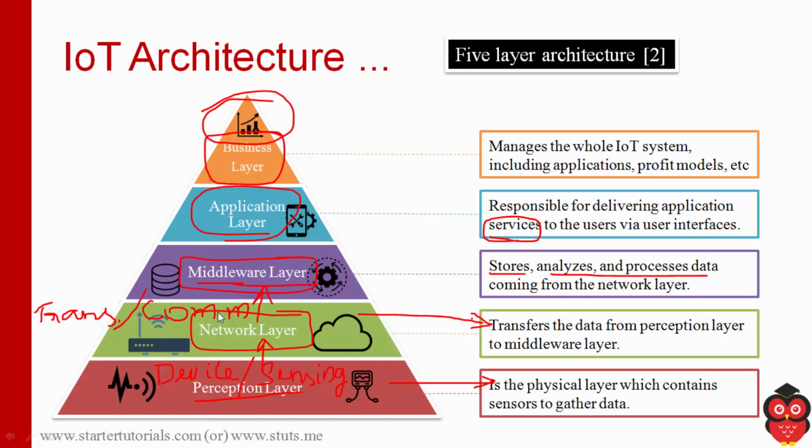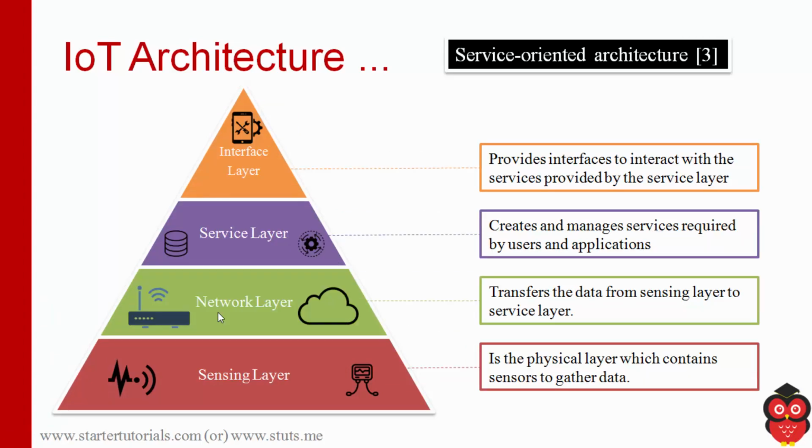Okay, so that is about this five layer architecture, and the last architecture we are going to look at is service oriented architecture. Okay, so the different thing about this service oriented architecture is the functionality which is provided by the application is viewed in terms of services.